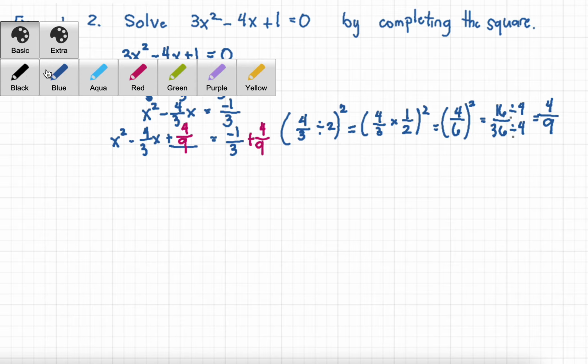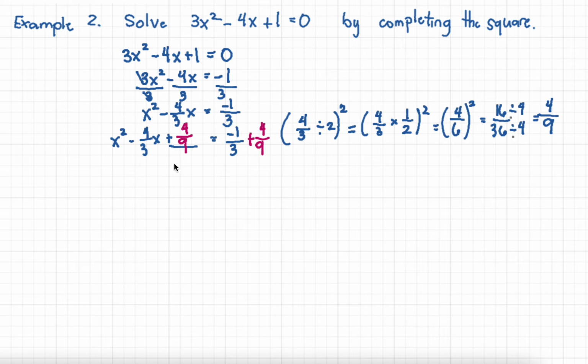So, the next thing that we need to do is, kailangan natin kuhain yung factored form niya. So, again, the square root of x squared is x. We copy the operation before the linear term, so minus, and then we square root the constant. So the square root of 4 over 9 is 2 over 3. Okay, and then square, and then here we add.